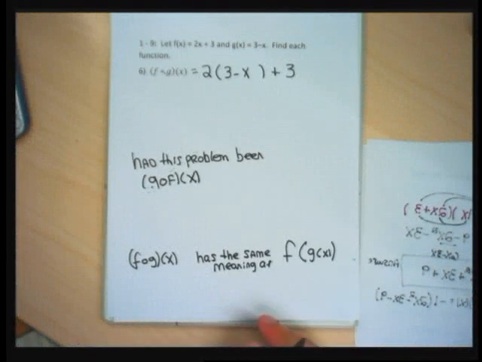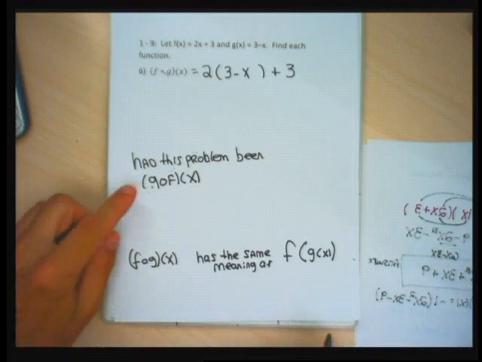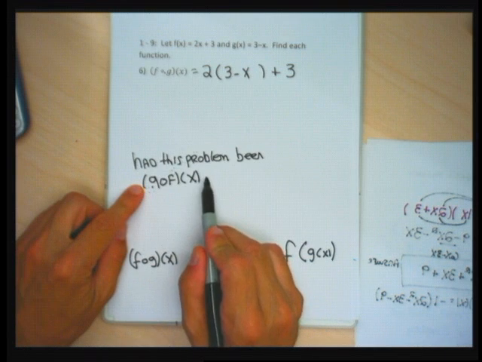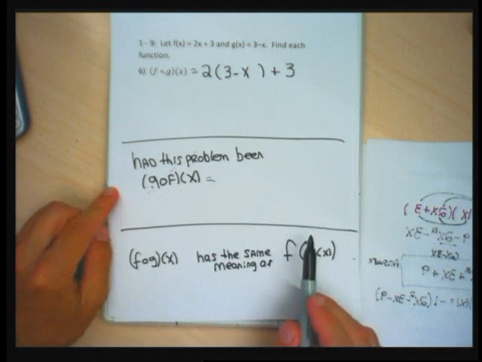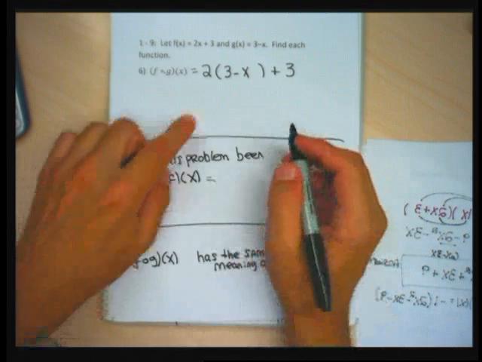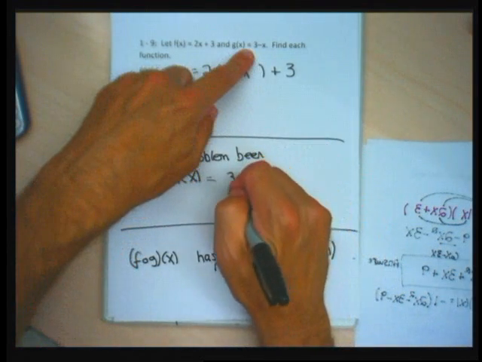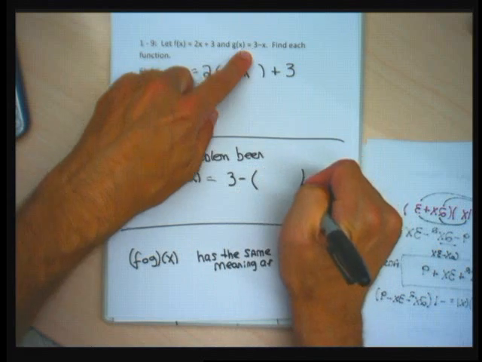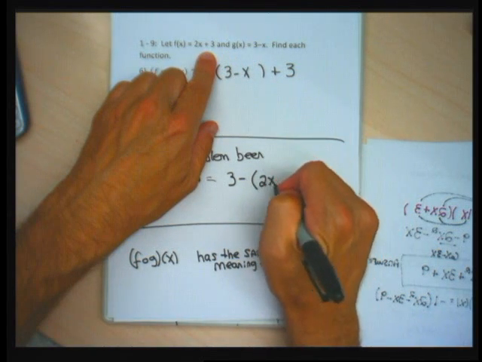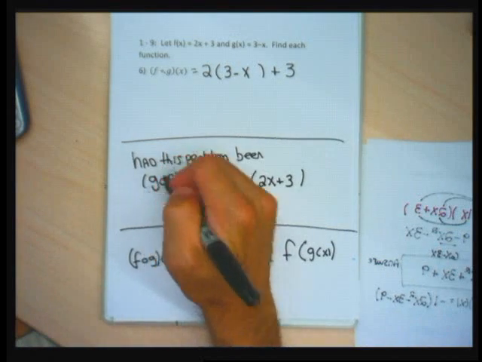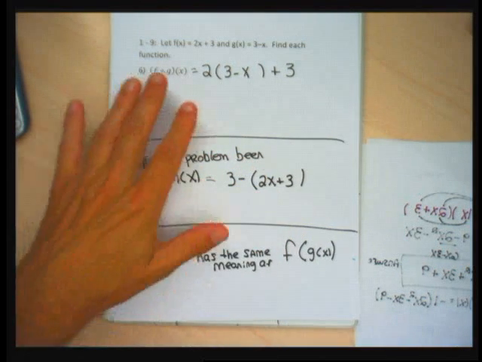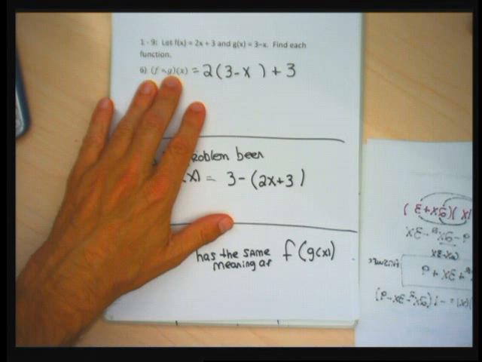So had it said this, and this is not the problem, so I'm just going to block this off, what I would have done for g composed with f of x, I would have taken the g function and replaced its x with the right side of the f function. So these are the two kinds of compositions that I might have when the functions are f and g.